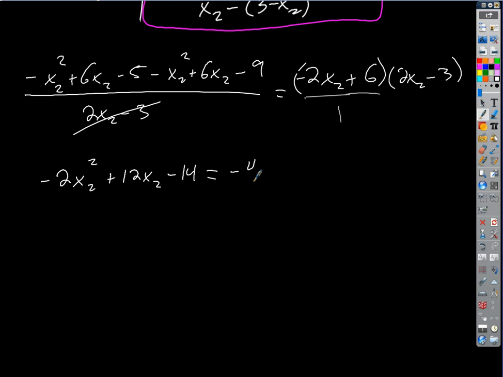Negative 4x sub 2 squared plus 6x plus 12x. Right, if I combine the cross terms, negative 2 times negative 3 is positive 6, x sub 2, and then when I distribute this guy, I get plus another, oh, it should be 12, shouldn't it? Yeah. 12, not 18.